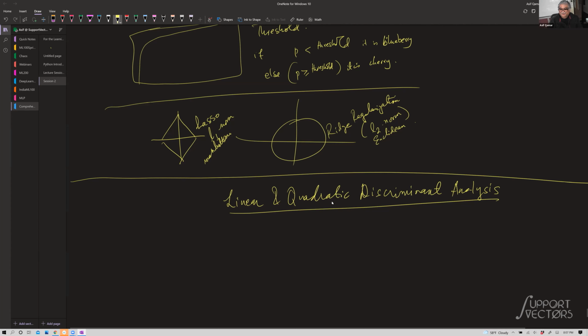Now, this discriminant, the words are, so linear, obviously somewhere we will be talking of a linear decision boundary. Quadratic means somewhere, maybe the decision boundary will be a quadratic curve. Discriminant comes from discrimination, namely to be able to discriminate one class from another, or distinguish one class from other.